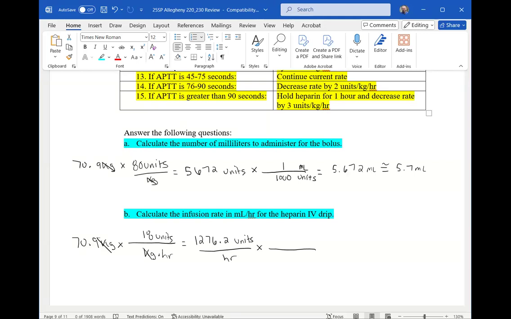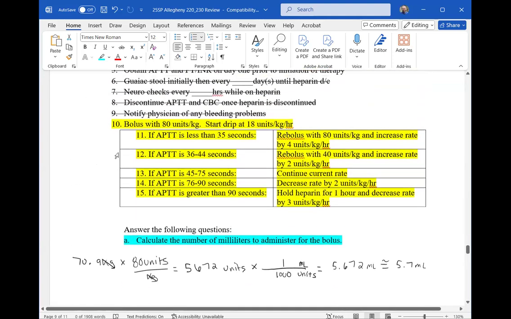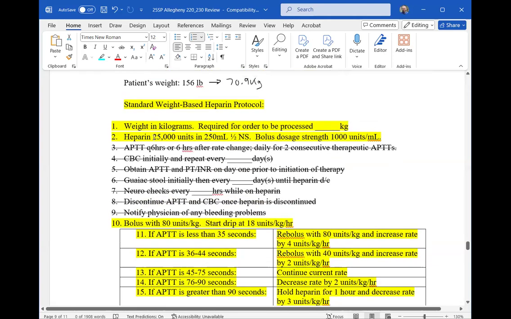We looked at our IV solution and converted units to milliliters. The next trick is, which units and milliliters do we use? So going back to the protocol, what's my available? 25,000 units and 250 milliliters half normal saline, and a bolus dose of 1,000 units per milliliter.